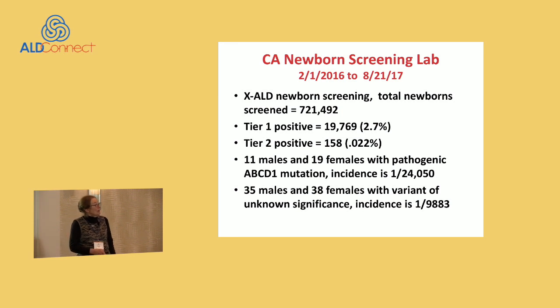And then their LC-MS/MS, their tier 2, they've identified 158, which is a percentage. If you remember, New York had 0.009, and the California tier 2 is almost double what New York gets.